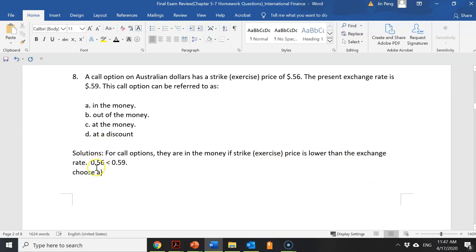Okay, so here it is indeed lower. 0.56 is a lot lower than 0.59. So there's a very high chance that in the future we can purchase Australian dollars at a lower price, at the strike price, and sell it at the future spot price, which is very likely to be higher than the strike price, so we can make profit. So we say it's in the money.